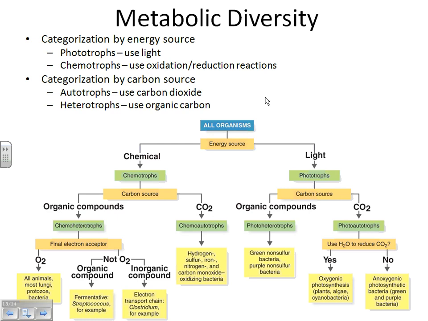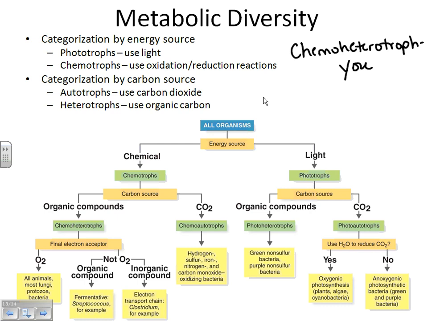Okay? So the easy ones most people can remember is a chemo, and you put them together, chemoheterotroph. That is you. You eat something, you get your food from somewhere else, you break your food down to make energy. You're a chemoheterotroph. Okay?